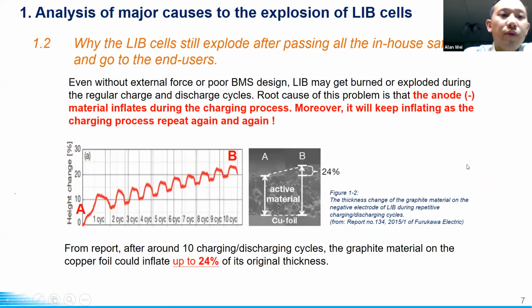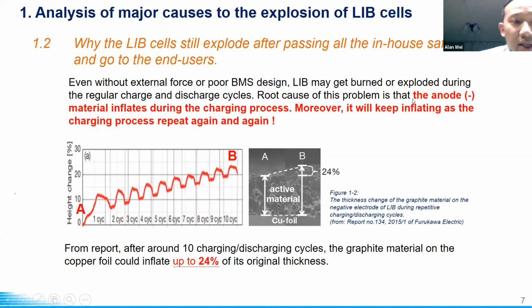The second thing we will introduce is the inflation of the anode. Even without external force or poor BMS design, a lithium battery may get burned or explode during regular charge or discharge cycles.